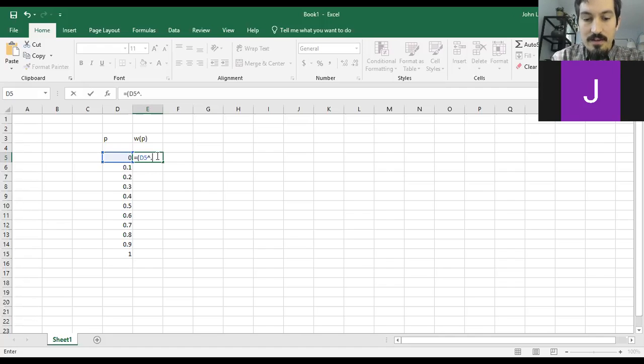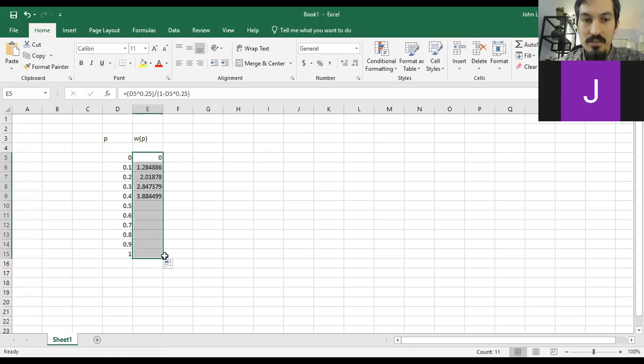I'll say 0.25. The probability raised to a small power like 0.25 divided by 1 minus this same probability raised to also a small power like 0.25. If I recall, it's something like this. Now let's see what W of P would be if we did that. I'm going to hit down and it'll just fill it all in.